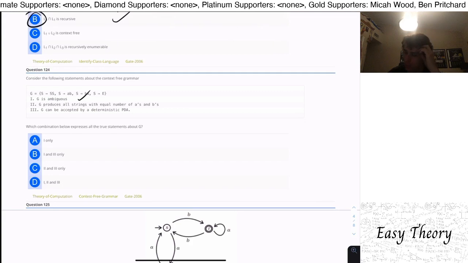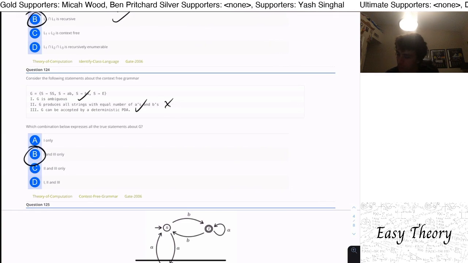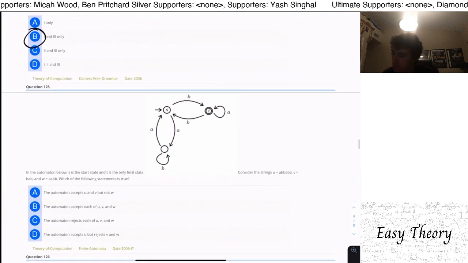So I don't think that's true. Can be accepted by a deterministic PDA. Yes, I think. Yeah, it can. So it's a good exercise to think about why it can. But yeah, it can be.